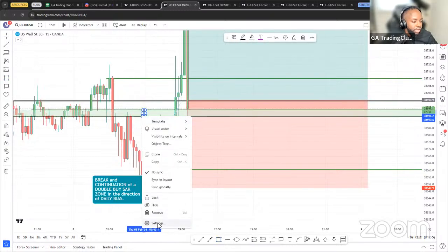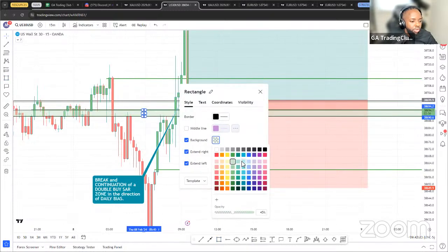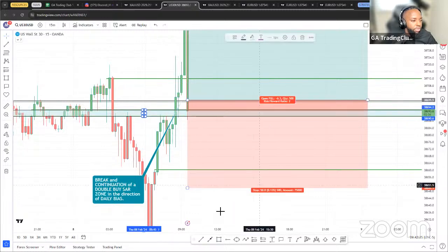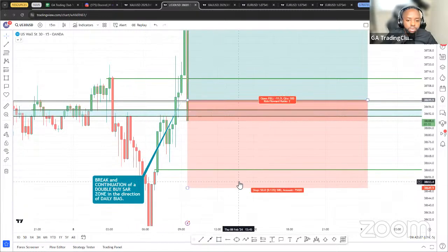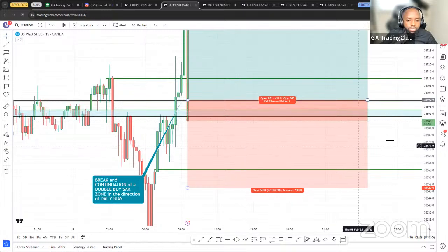And I'll just highlight this in blue, and this baby blue.